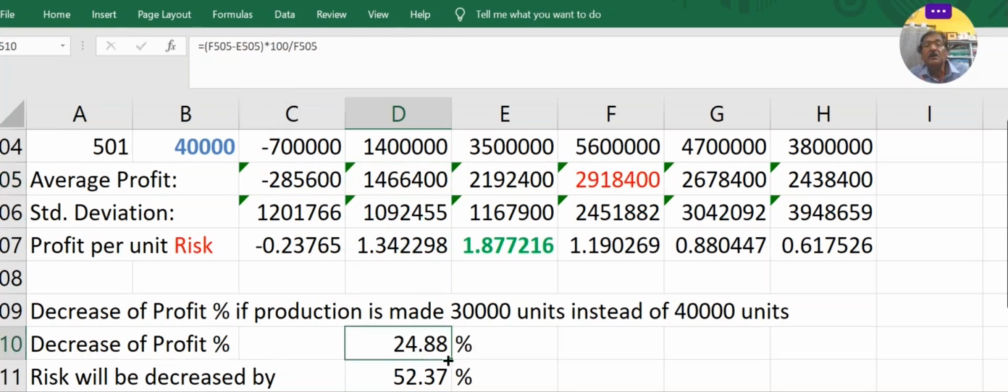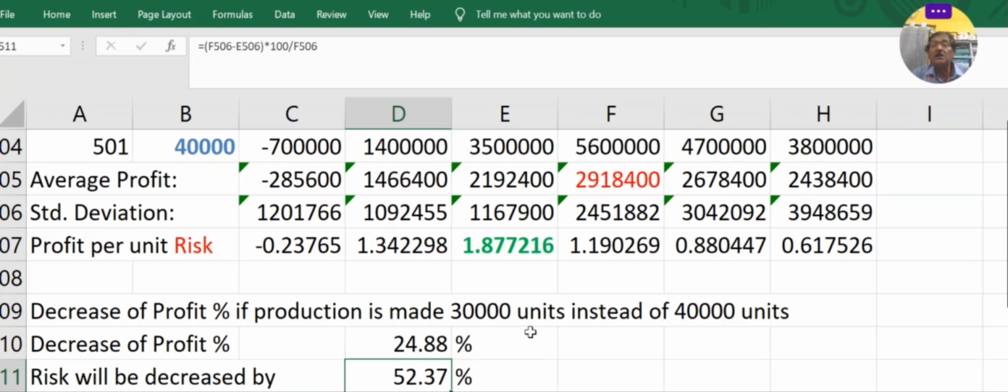The profit will decrease by, say, 25% compared to producing 40,000 units. But at the same time, the risk will decrease by 52%. That means your profit is decreased slightly, while at the same time risk is also decreased significantly.